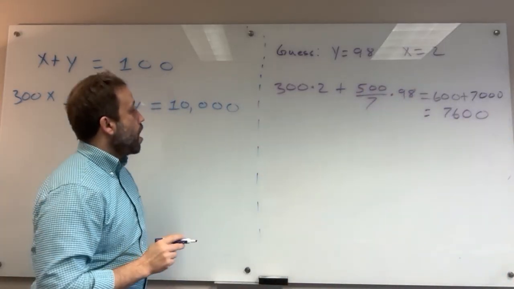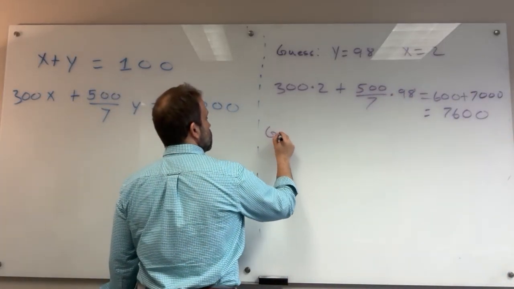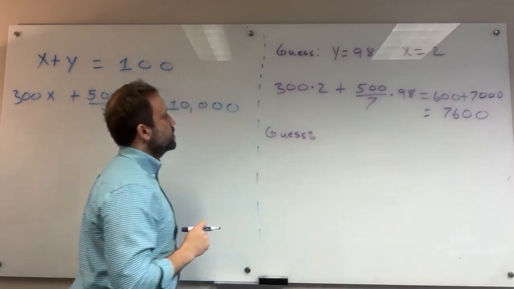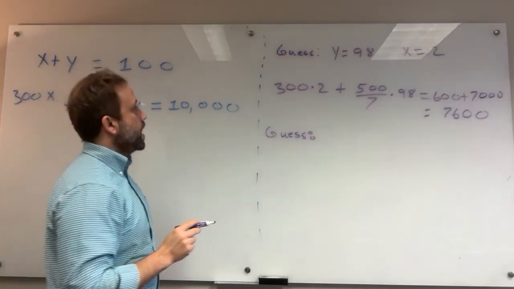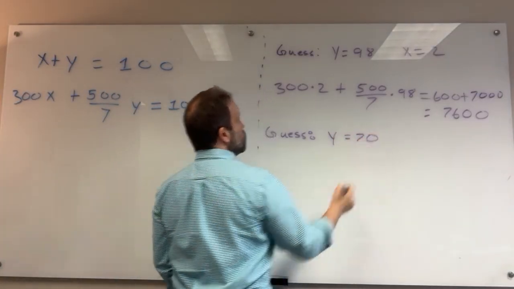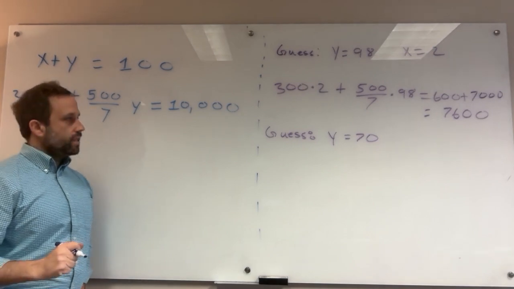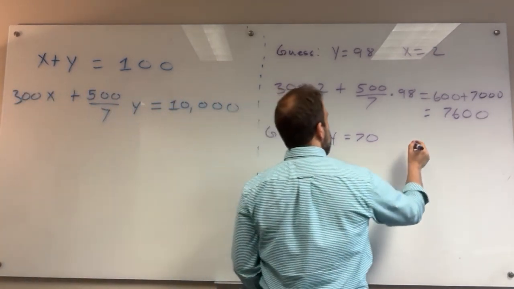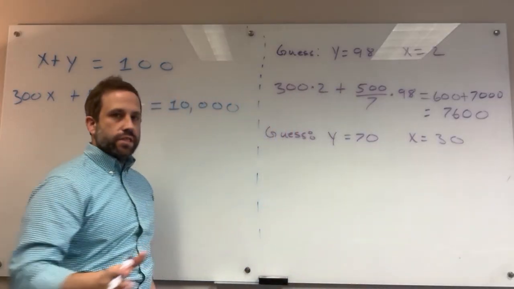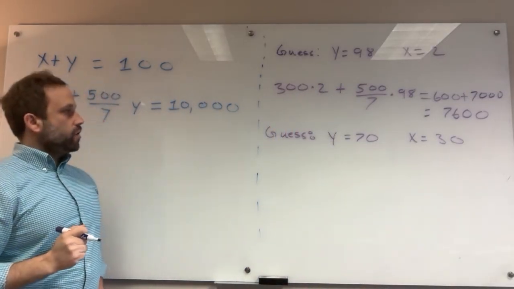Okay, now my next guess. My next guess is going to be, let's say, y is equal to 70. And so if y is equal to 70, this means that x has to be equal to 30.